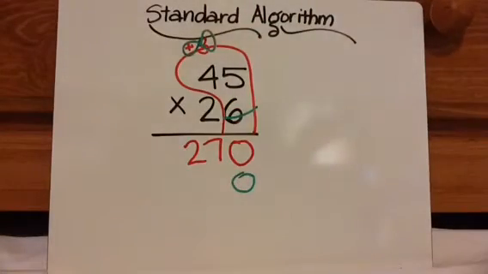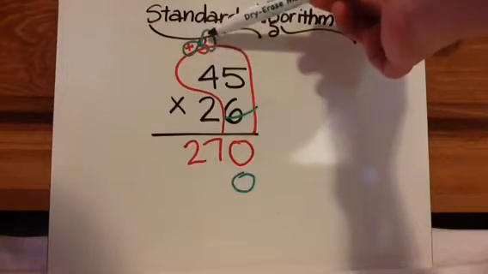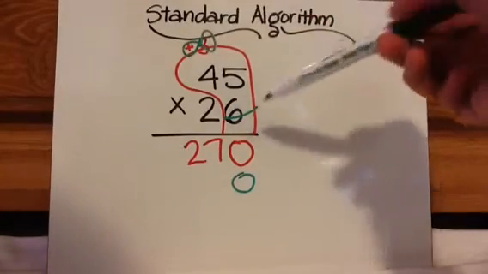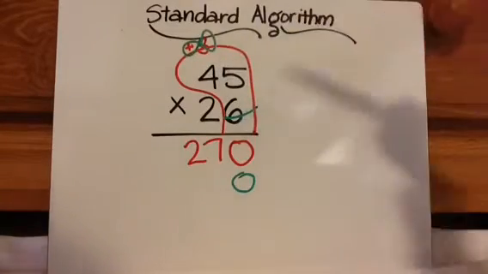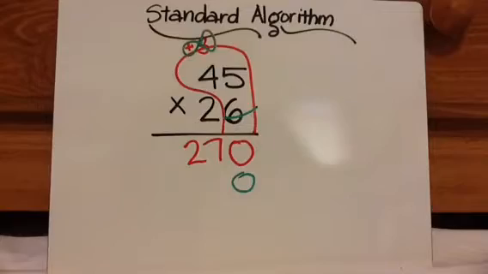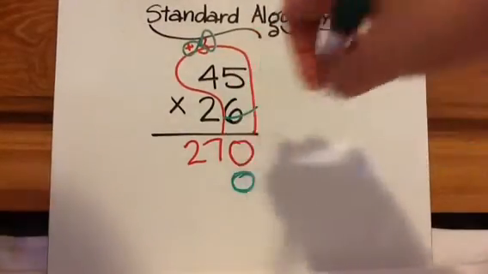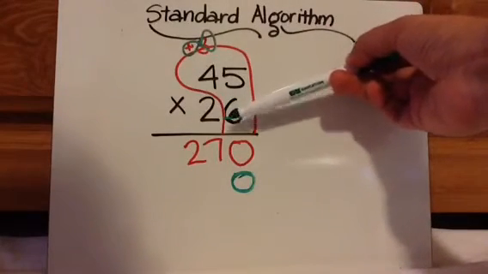I know it sounds silly, but you have to do all 3 steps, because if you forget to cross that out, you might accidentally use that number in the next step. If you don't cross that out, you might accidentally do 45 times 6 again in the second step. And if you don't lay the egg, your numbers are going to be off, because you basically multiplied everything with the ones place, the 6.